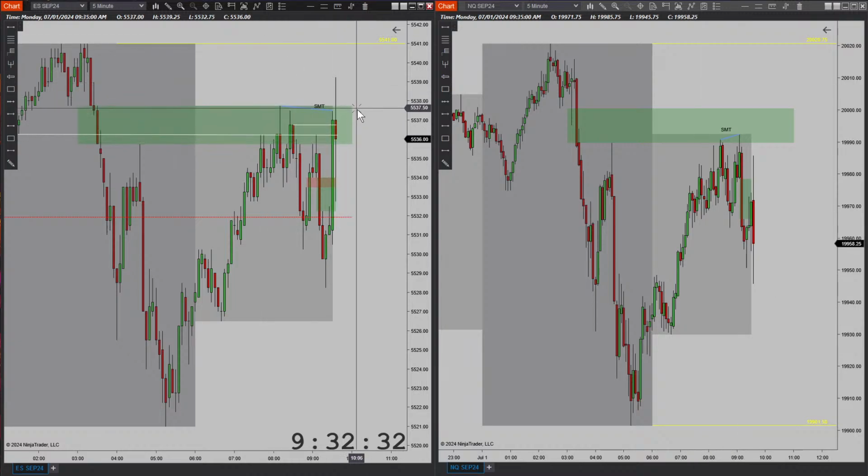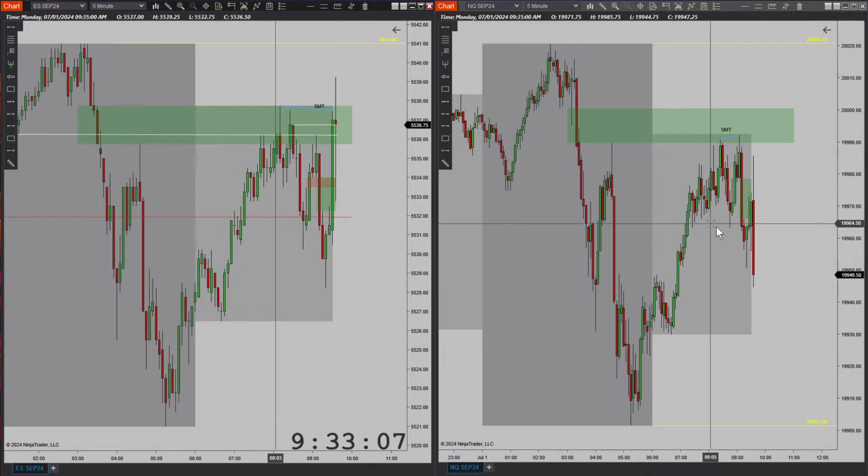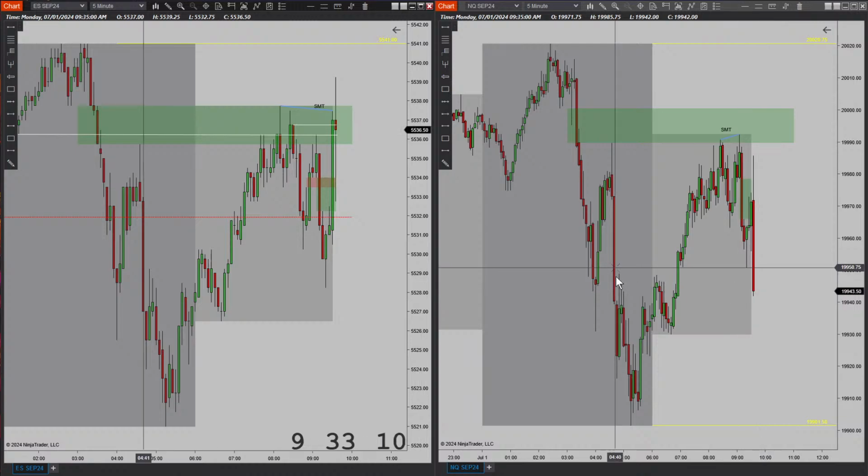Oh, wow. Yeah, that was definitely the liquidity here. All right. Okay. All right, come on. So far, this imbalance is holding. Price is drawing lower here, so I'm happy with that.